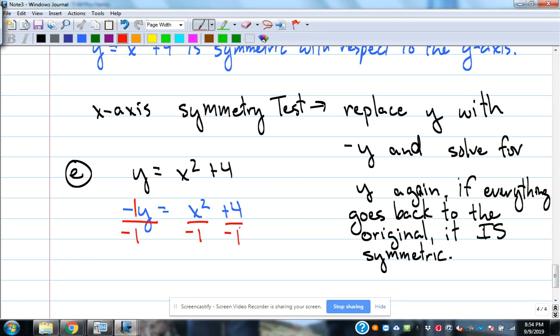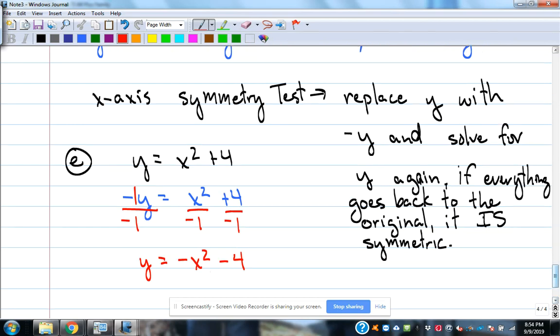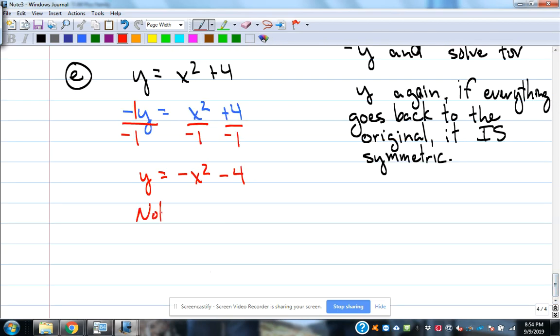That's the rule, to get y back by itself. That's negative x squared, that's negative 4. Is that the same as the original? No, it's completely the opposite from the original. So is this symmetric with respect to the x-axis? No. So not symmetric.